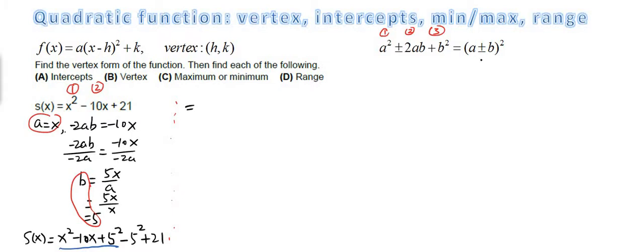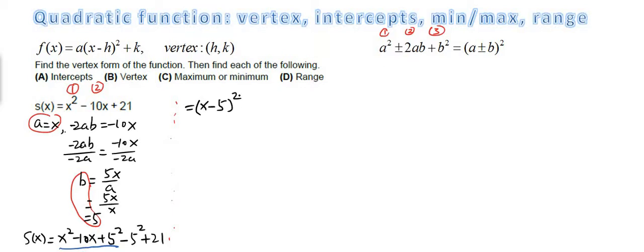We're gonna plug in here: a is x, subtract b, which is 5. Here I use minus because here is negative.